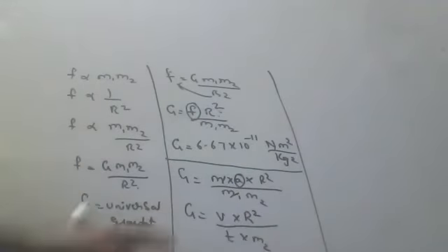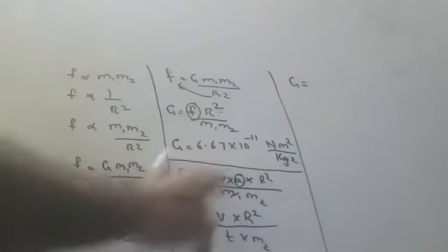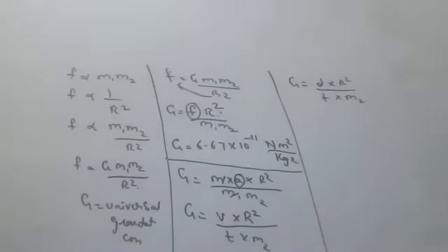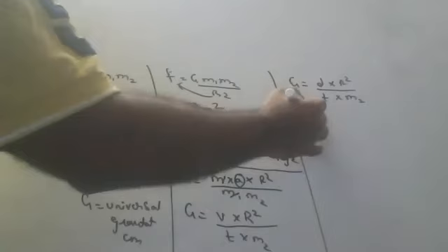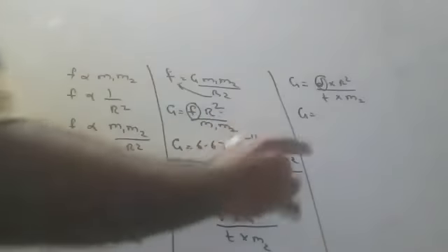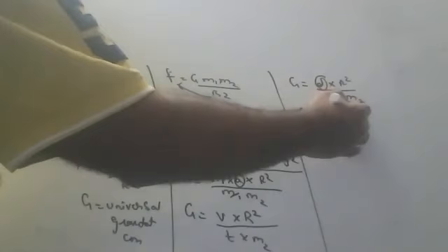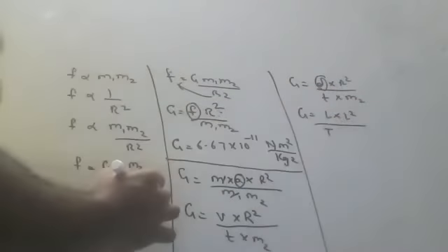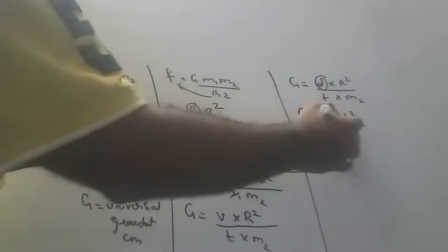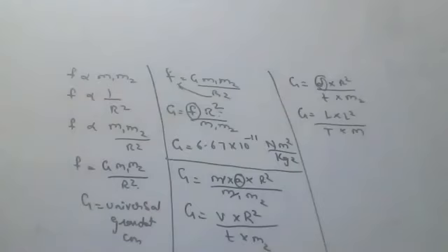What is velocity, children? Velocity is displacement by time. Try to understand, don't get confused. Displacement means some distance, L. Radius is also some distance, so L square. Time means time, and mass means mass.